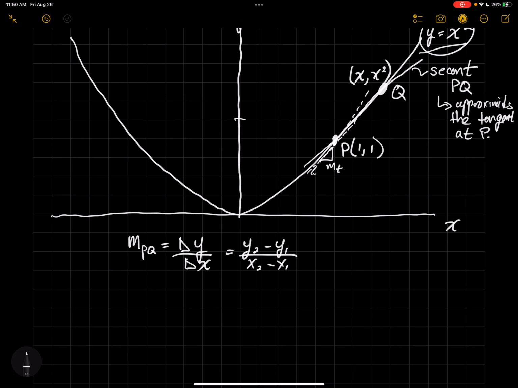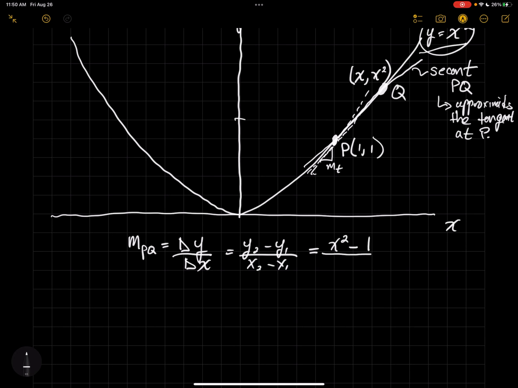For this arbitrary point Q that I've picked, y2 is simply x squared, that's the y value at point Q, minus the y value at point P, which is just 1.